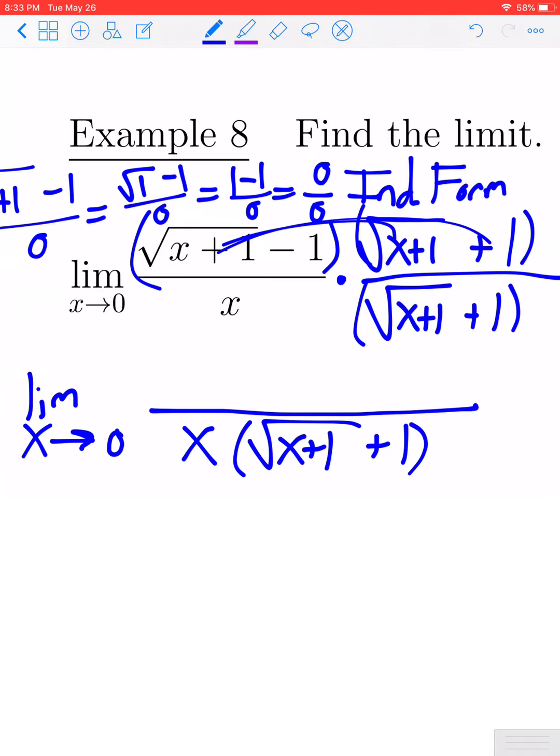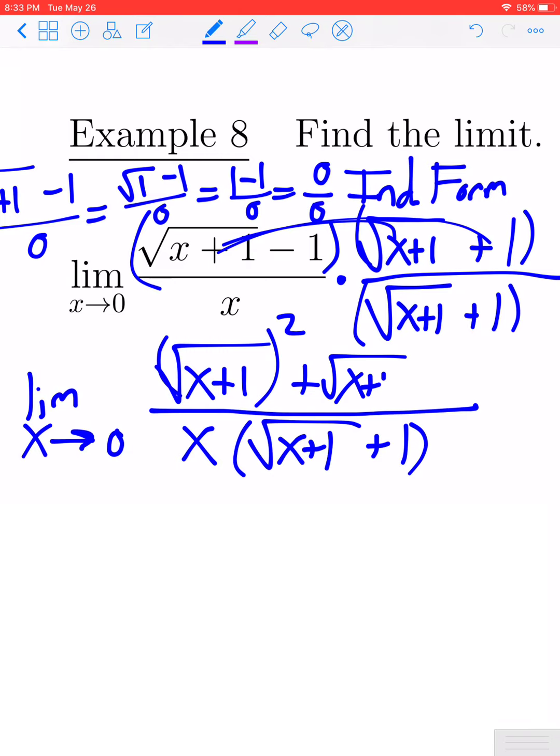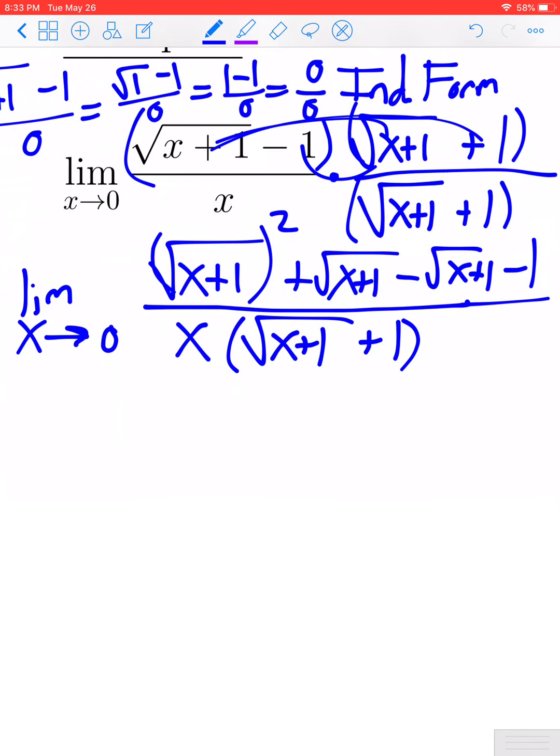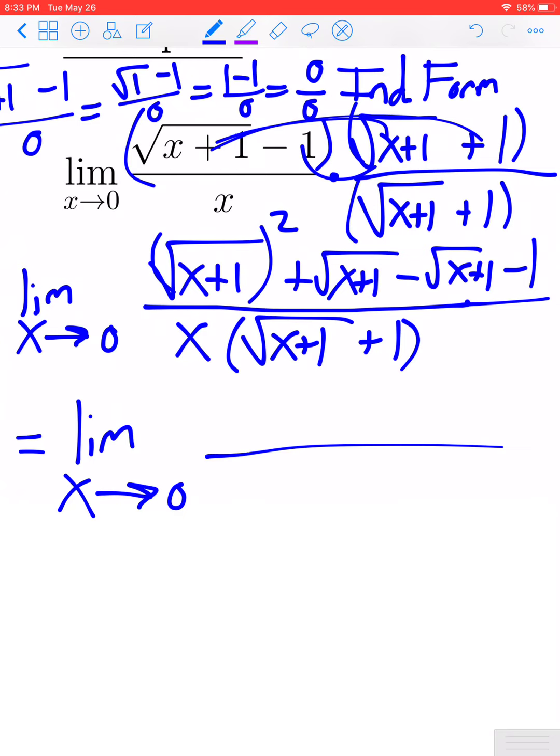This will give us the square root of x plus 1 times the square root of x plus 1, which is the square root of x plus 1 squared. We get a positive square root of x plus 1, a negative square root of x plus 1, and then negative 1 times positive 1 is negative 1. Let's simplify this. This is the limit as x approaches 0.